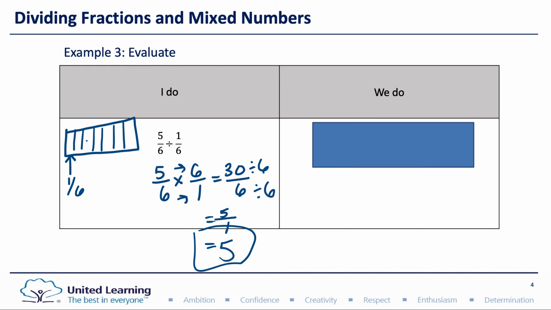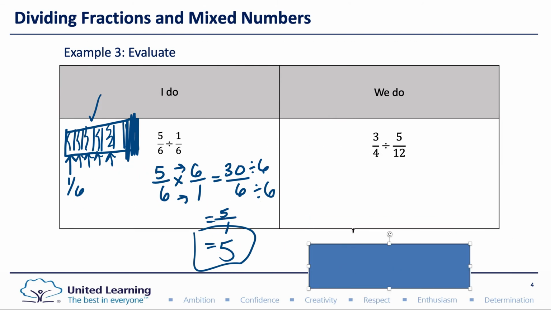Oh no, I've made 7. I was wondering why my numbers were off. Sorry. Get rid of that one. There you go. So how many of these go into 5/6? 1, 2, 3, 4, 5. So there would be 5 of them in total. Pretty cool. All right, pause the video and can you please attempt this question?